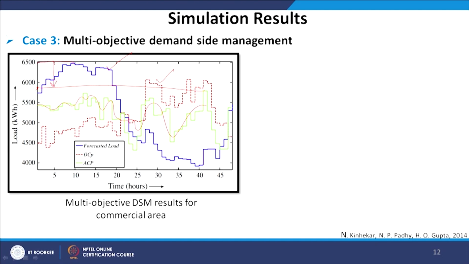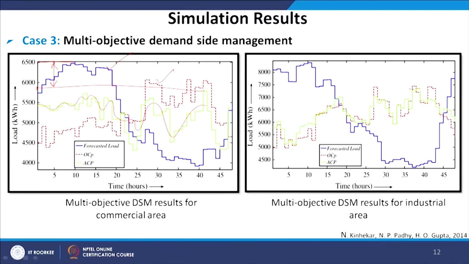In each and every case you can see there is a peak reduction because of the DSM program in place. Now, for industrial customers also we can see the peak has further reduced from this point to this point, which is slightly significant. Now, one interesting thing I would like to explain to you here.